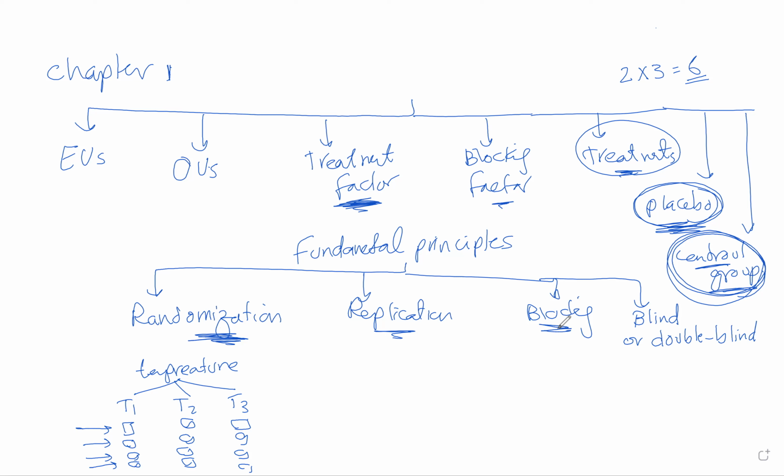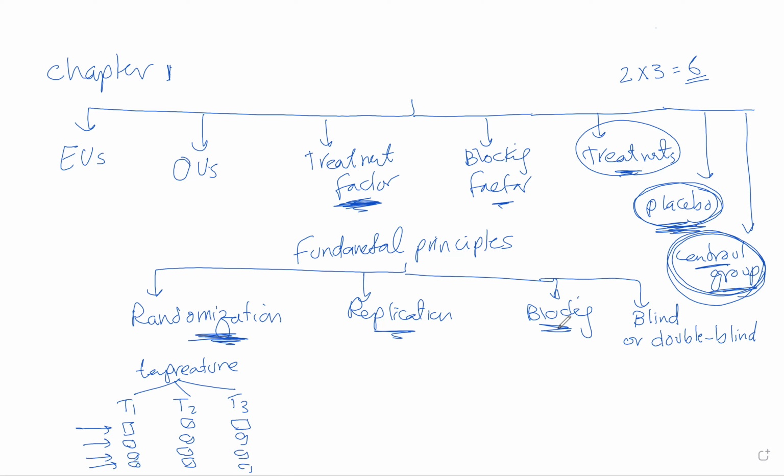The third one is blocking. Sometimes the blocking factor is a confounding variable that I included in my study as a blocking factor. For example, gender. Maybe gender affects my response. Maybe the immune system affects my response. Maybe education level affects my response. So each education level is a block, or each gender is a block.